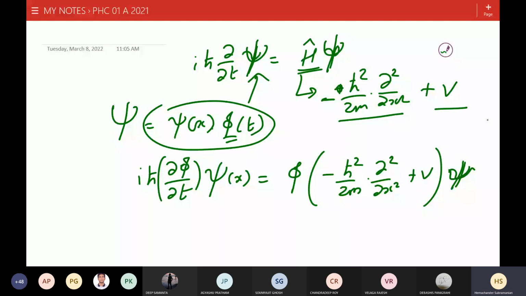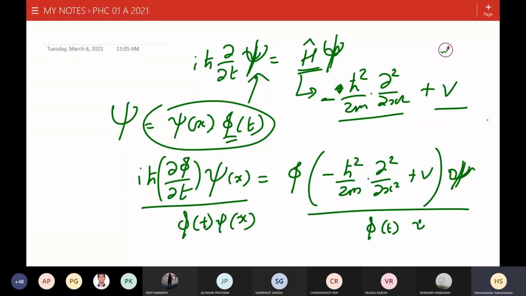Now you can divide by phi of t psi of x on both sides. So this psi of x cancels off and this phi cancels off.